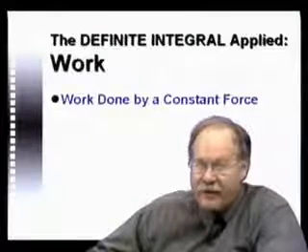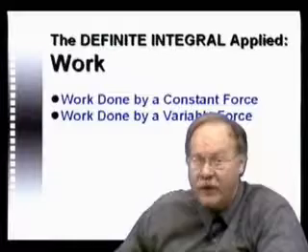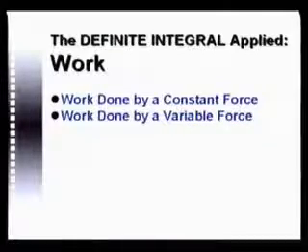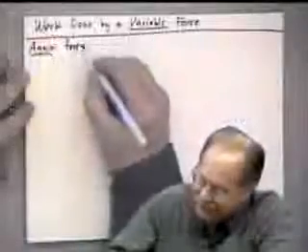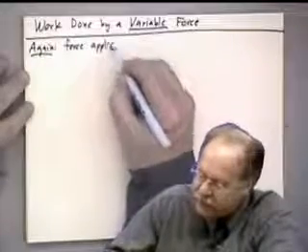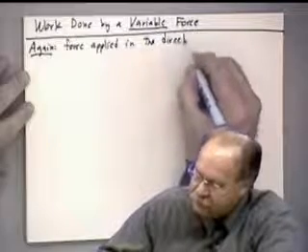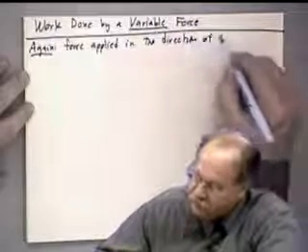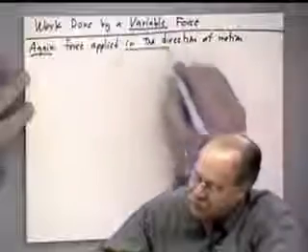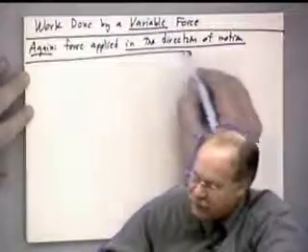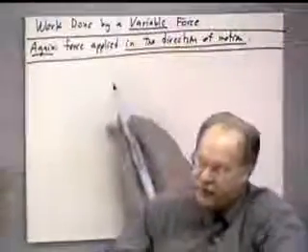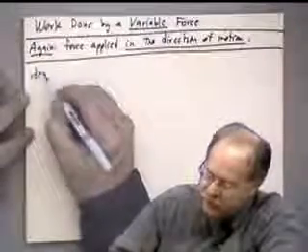We'll get to the calculus now and talk about work done by a variable force. And again, it's important to remind you that the force, in this case as in the previous case, is applied in the direction of motion, rather than not in the direction of motion, which, as I said before, requires the notion of vectors.